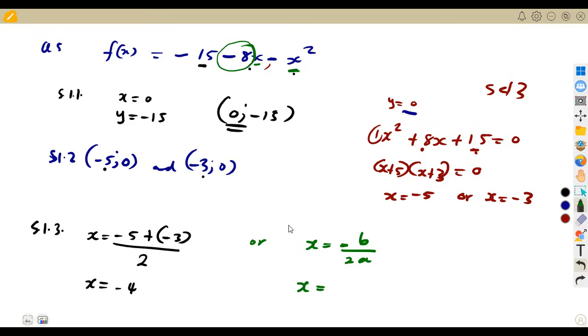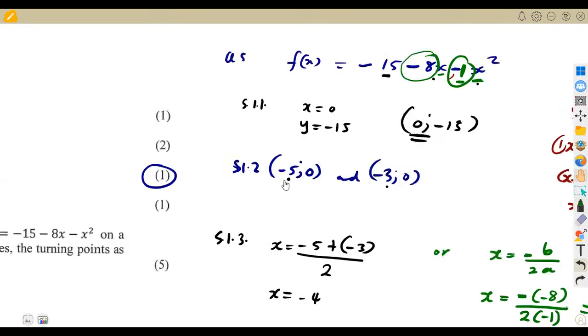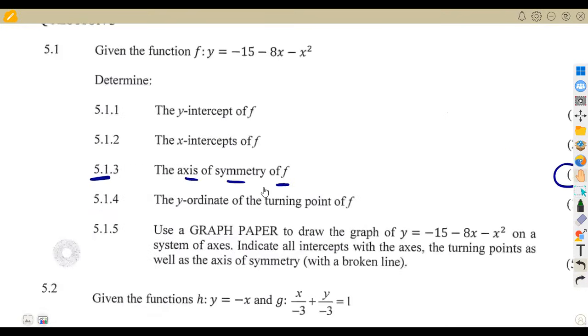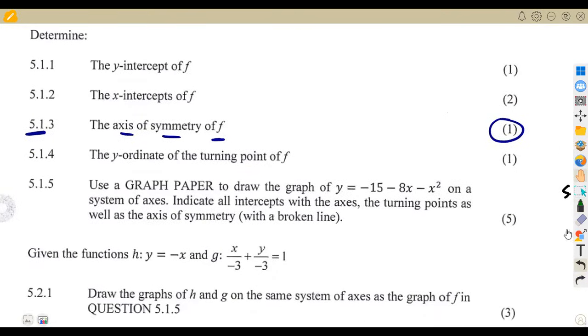So b there is minus 8. So the minus for the formula, our b is carrying a negative. So that's minus 8 over 2 times a. The coefficient of x squared is our a, which is negative 1. So this was also going to give us a negative 4 from our calculator. All right. So that's how you work with the axis of symmetry.